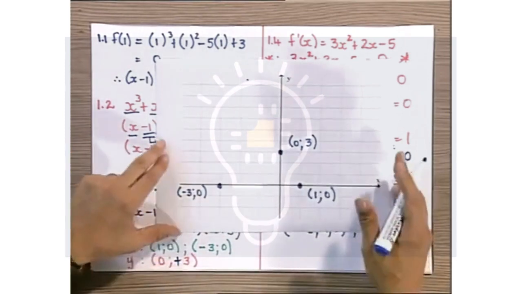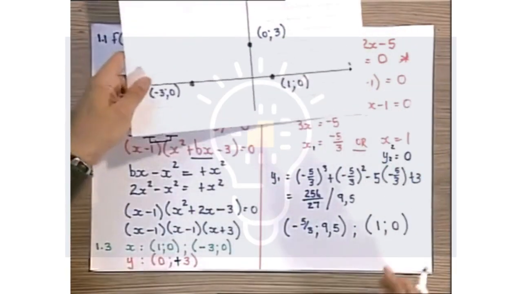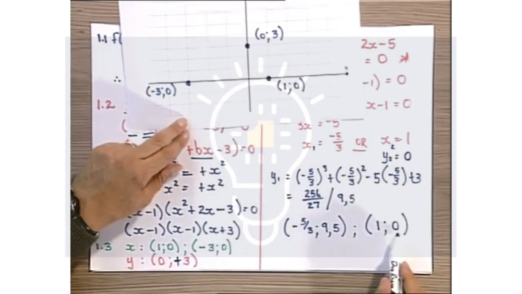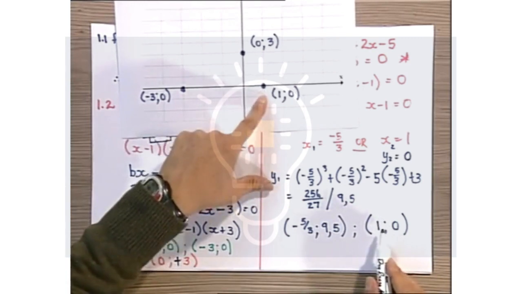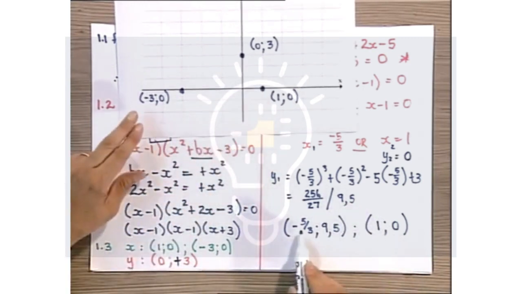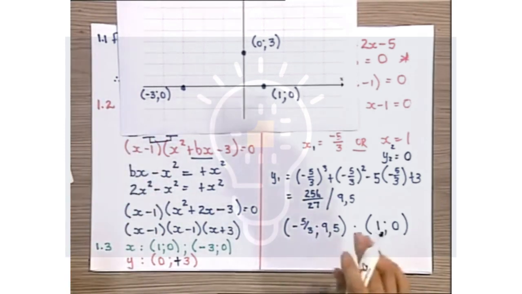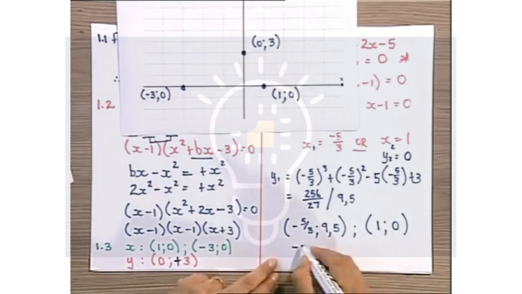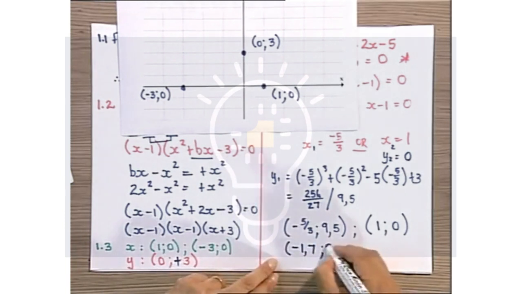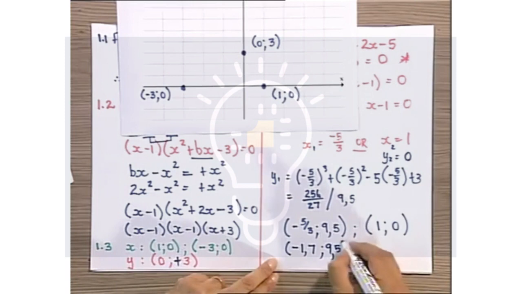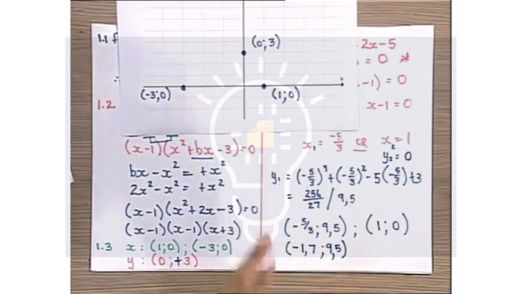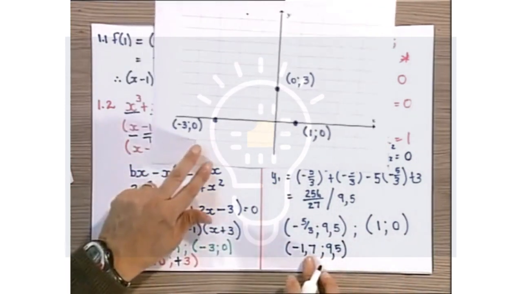Then the next step is our turning point. Our turning point is 1 and 0. Happy? Is that point over there. And then minus 5 over 3 and 9.5. So sometimes it's advisable, remember, it's not a perfect sketch, that we can also say is about minus 1,7. Again, guys, not perfect. Just make sure that you understand where is minus 1,7.